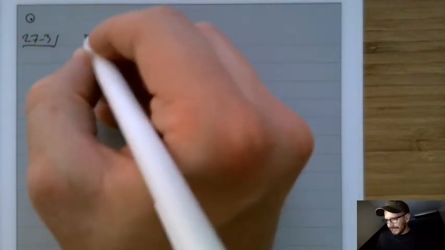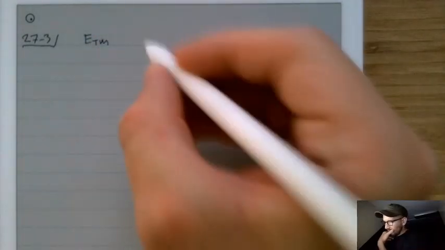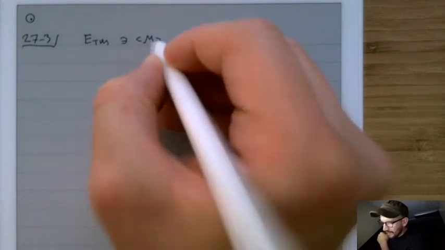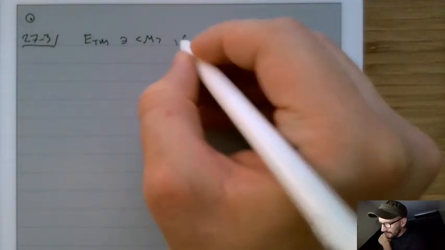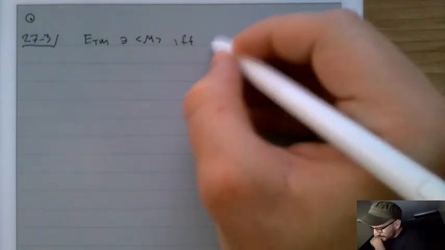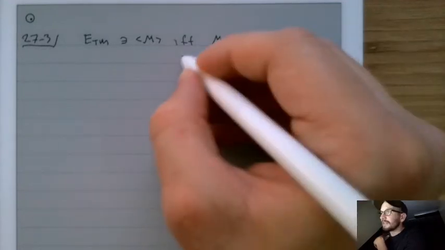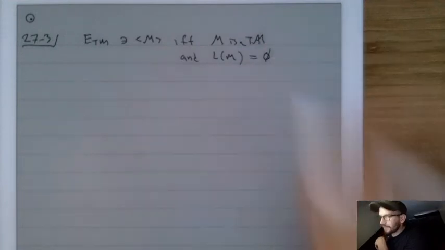So let's look at an example of this. An example problem would be called ETM. So what is ETM? The encoded version of M is inside of ETM if and only if M is a Turing machine and the language of M is empty.